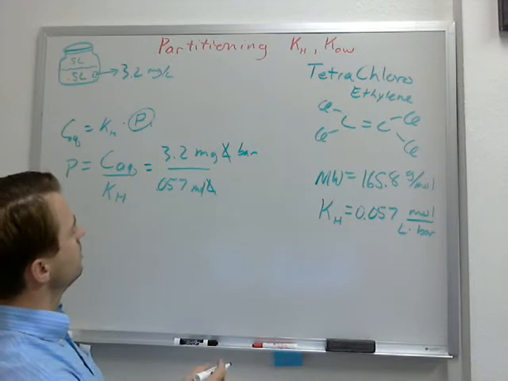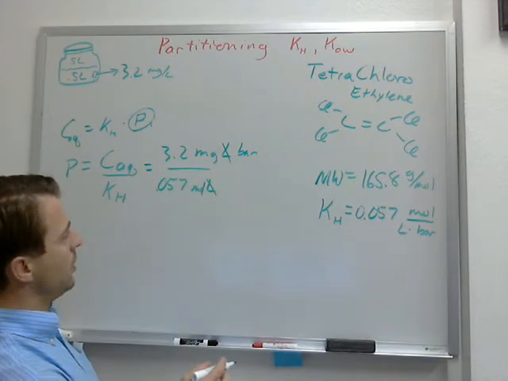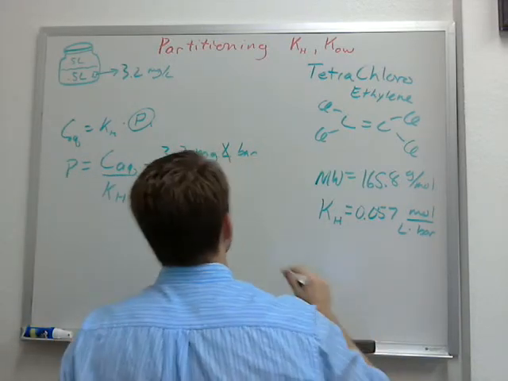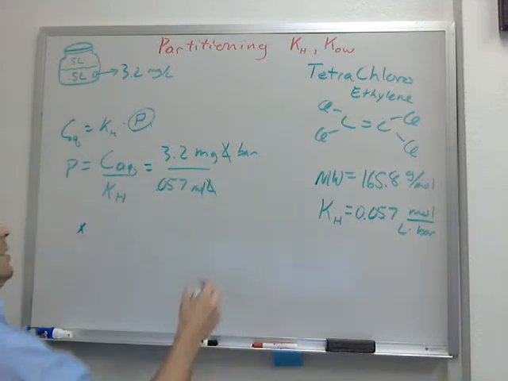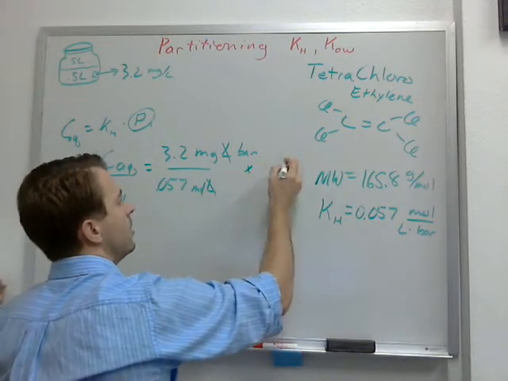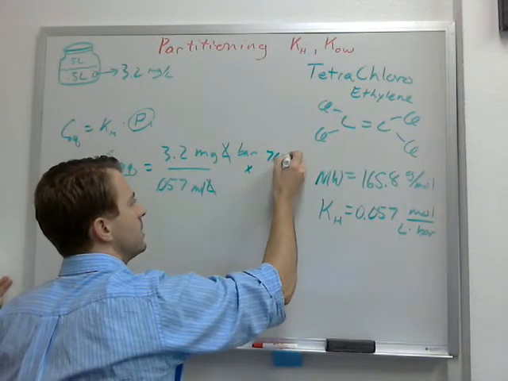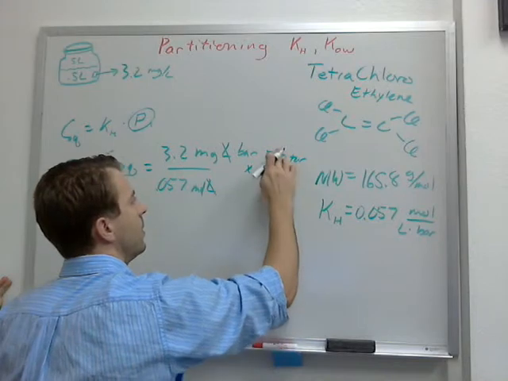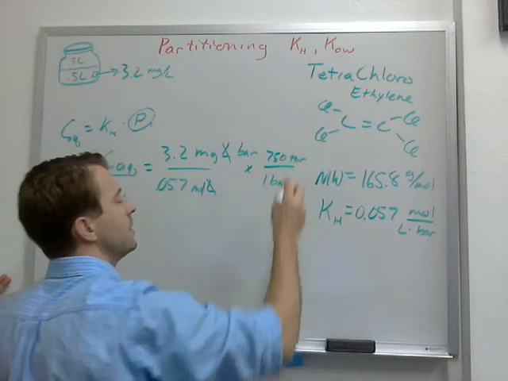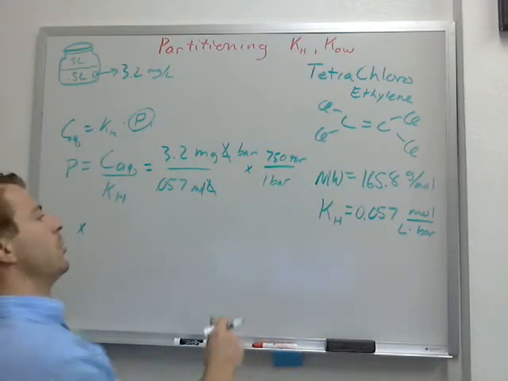So our liters cancel. We have moles and we have bar. Now I usually like to go ahead and get rid of my bar and do 760 torr per 1 bar. I keep on making that mistake tonight. It's 760 torr per 1 bar.